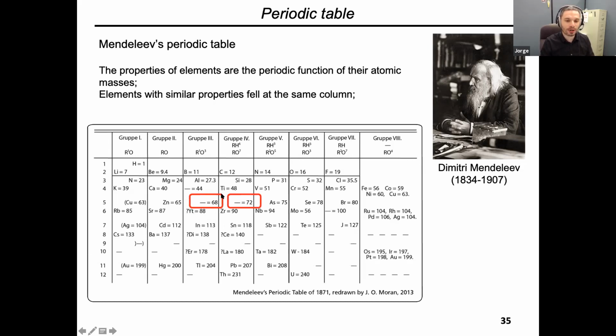Here I'm highlighting the elements with atomic masses 68 and 72. Let's see what Mendeleev predicted about these elements and what was found when these elements were finally found in nature.